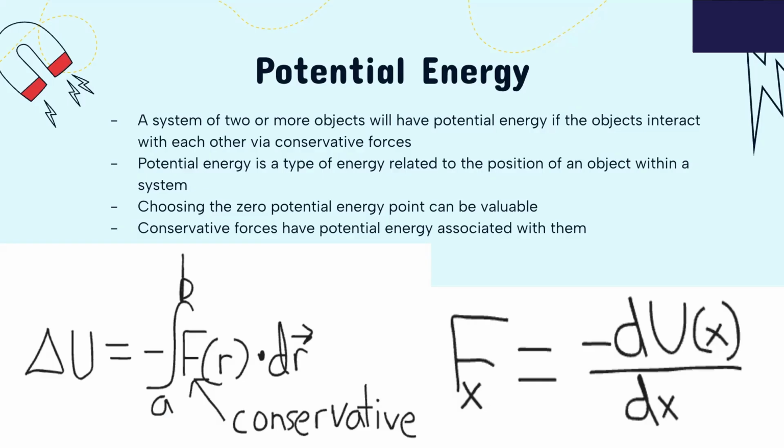As I mentioned earlier, only conservative forces have potential energies associated with them. The force of gravity and the spring force are conservative, but not the force of air resistance, the normal force, or the force of friction. We can connect the change in potential energy of a system with the conservative force with the following integral: the change in potential energy is equal to the negative integral from A to B, from two positions, of F(r) dot dr. So it is basically the opposite of the work done.